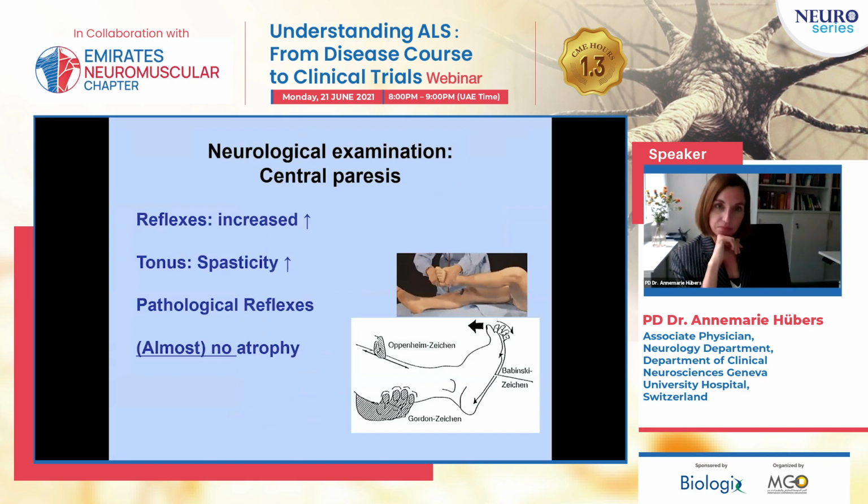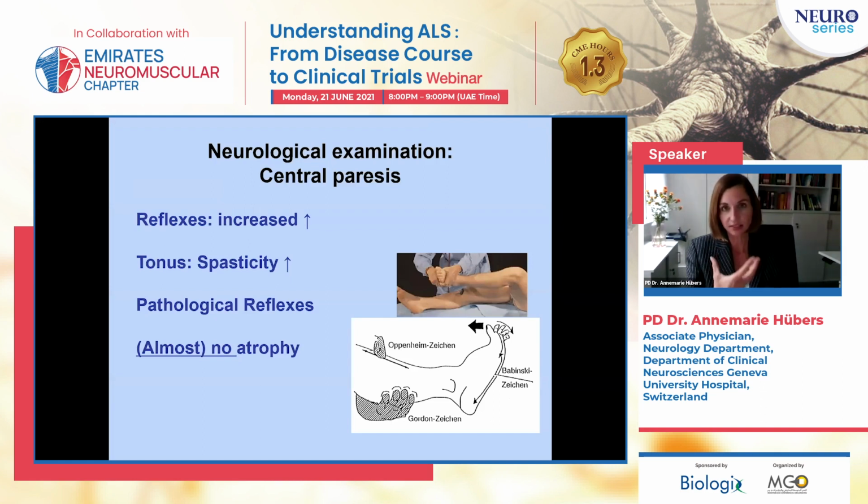Central paresis may present on the clinical level as increased reflexes, as increased muscle tone, which leads to spasticity, which can even be painful, and pathological reflexes like the Babinski sign, which signifies a dorsal flexion of the big toe after scratching of the lateral face of the foot, or dorsal flexion after scratching the shin, which is called Oppenheim sign, or dorsal flexion again after pressing the calf muscle.